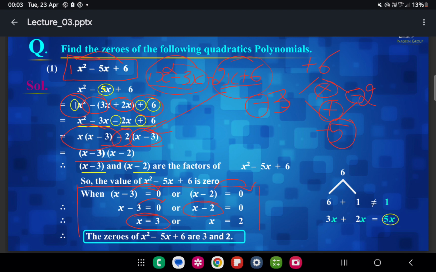Shifting the minus 2, you will get x is equal to 2. Here x is equal to 3 and x is equal to 2 are the zeros of the quadratic polynomial. This is the answer for the problem given. The zeros of x square minus 5x plus 6 are 3 and 2.